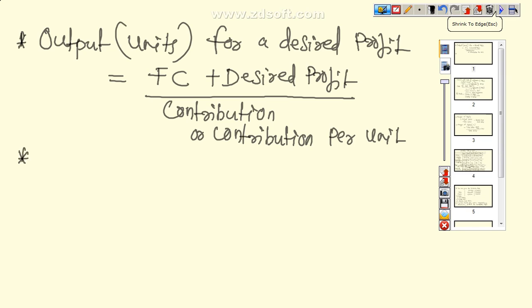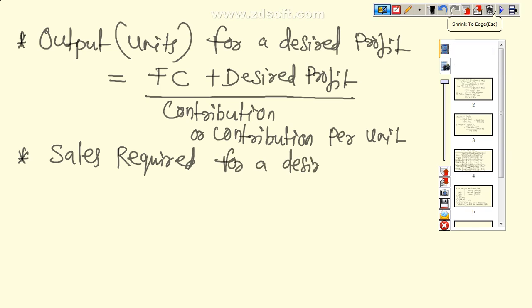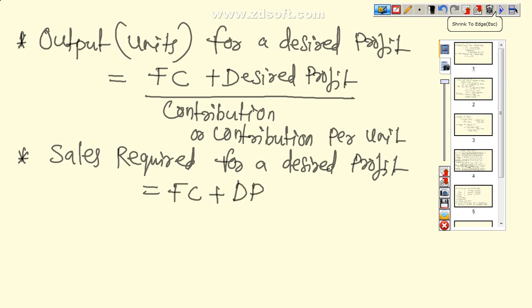And second point, sales required for a desired profit is equal to fixed cost plus desired profit upon PV ratio.